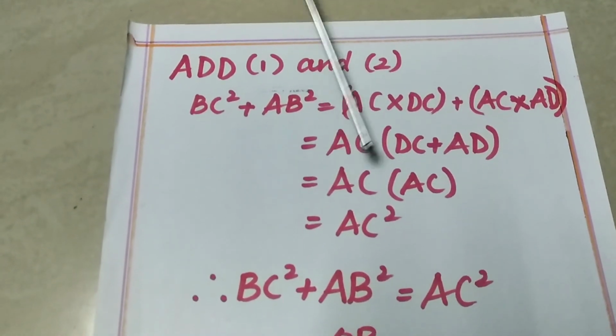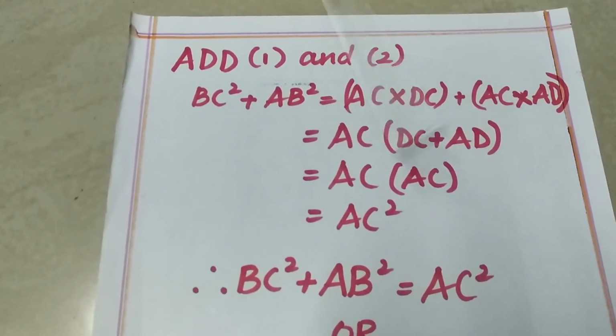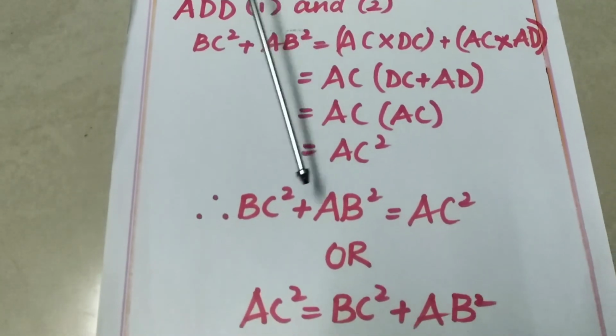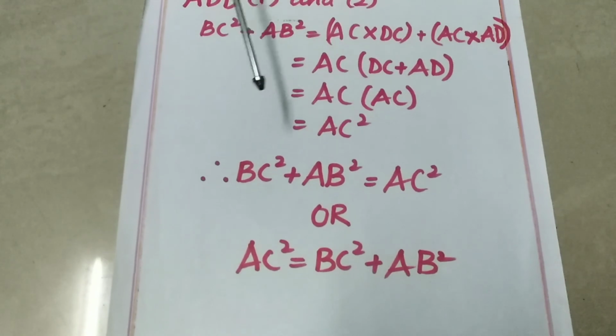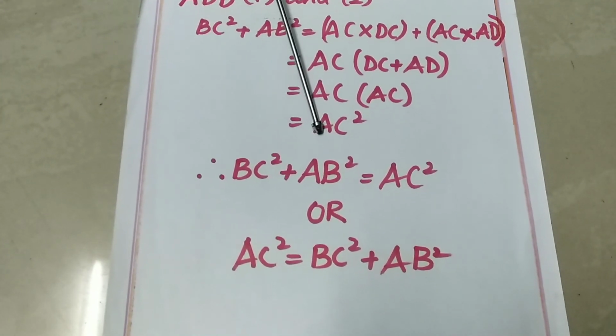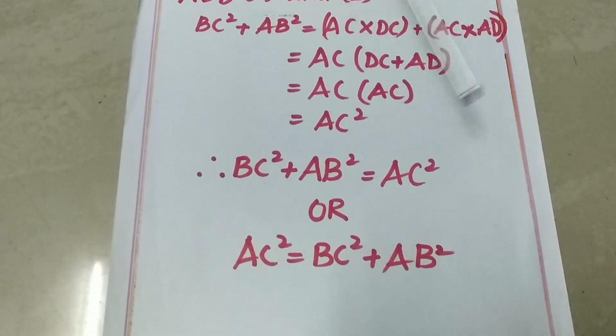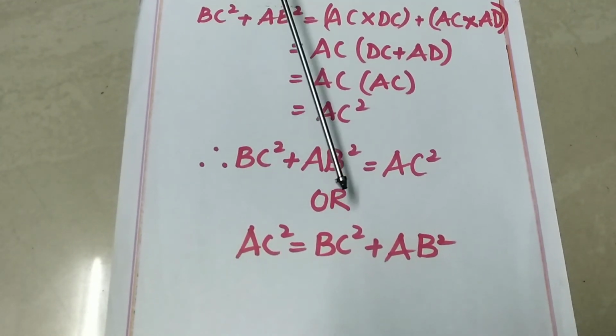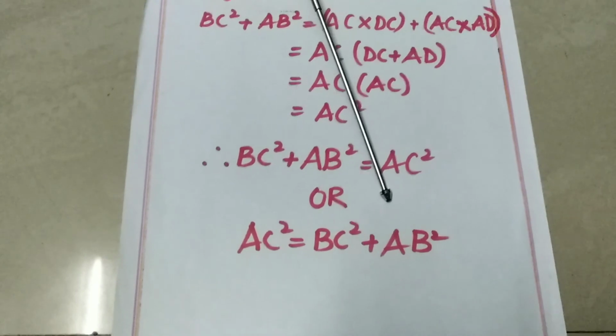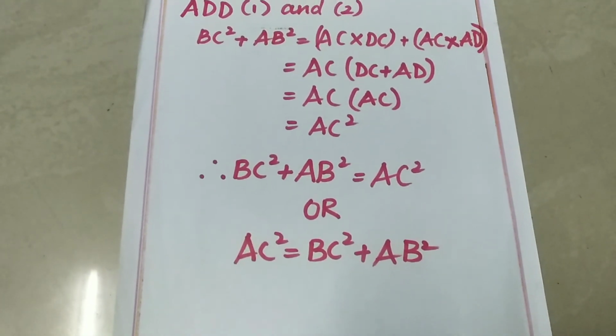Therefore, AC into AC is AC square. Therefore, as per our proof, BC square plus AB square is equal to AC square. Or you can even write it as AC square is equal to BC square plus AB square. Thank you, children.